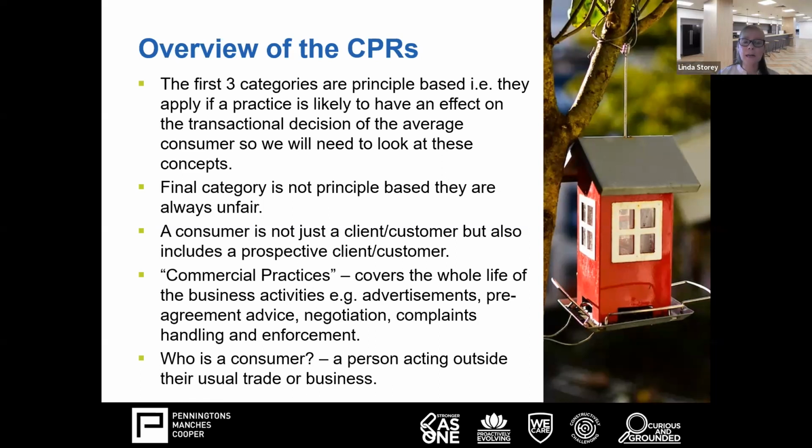Complaints handling procedures will be part of the CPRs and will be assessed accordingly. So that's a really key part of what needs to be addressed. And who's the consumer? It's anybody acting outside their usual trade or business. For the purposes of purchasers, it's not their usual course of business, and so of course they will all be consumers to you.